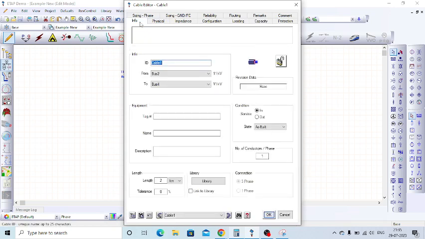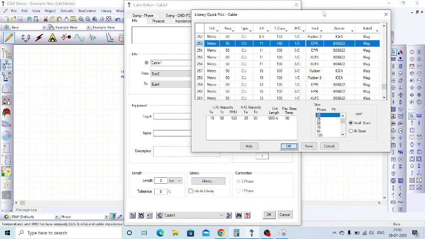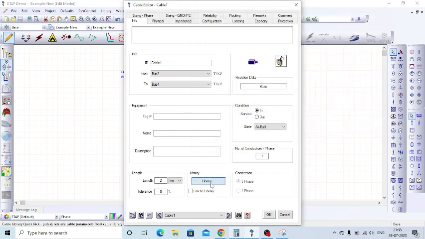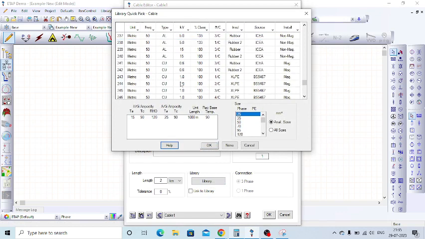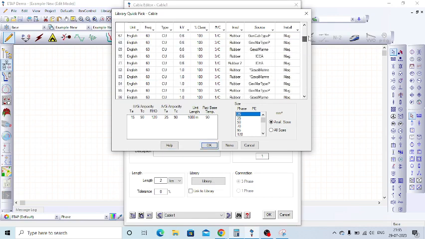Alternatively, we can model the cable through this library. In this library, ETAP has some predefined catalog that we can select from. You can see the unit is English for ANSI, then frequency 50 hertz, type AL means aluminum, CU means copper cable, then the voltage rating and the number of conductors.